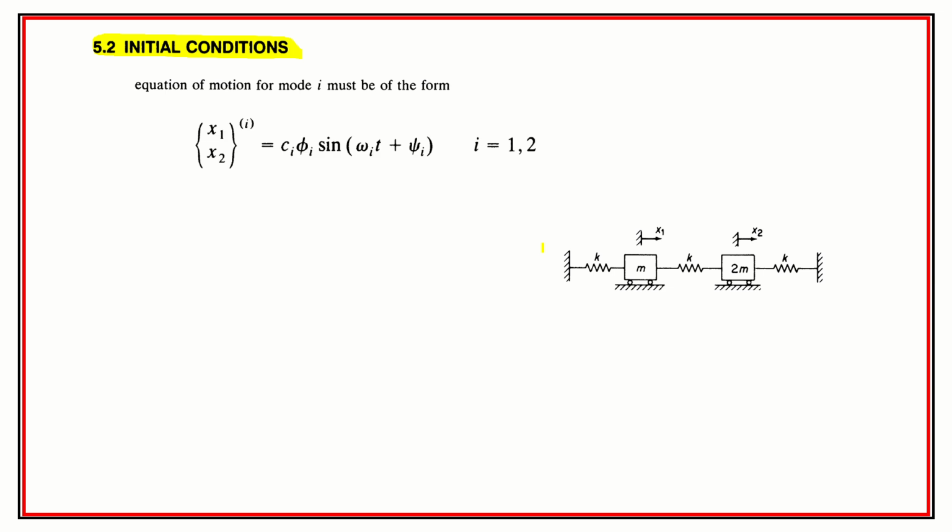So the equation of motion that we assume is going to be something that looks like this, where here are our eigenvector values for positions 1 and 2. Ci is the magnitude, or the amount that's going to be present for a particular eigenvalue and eigenvector.